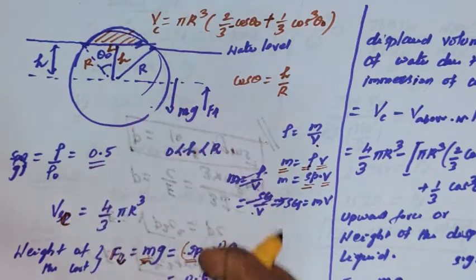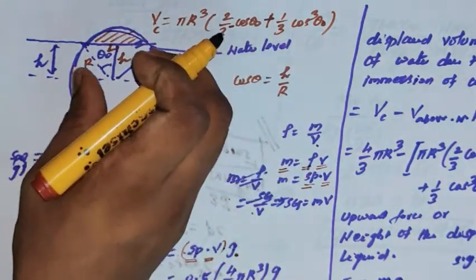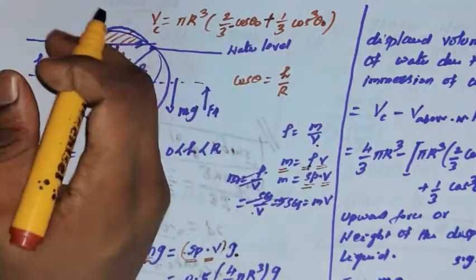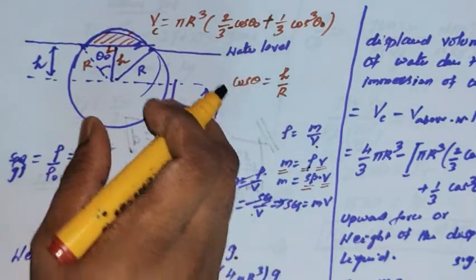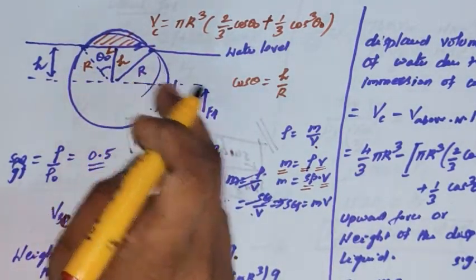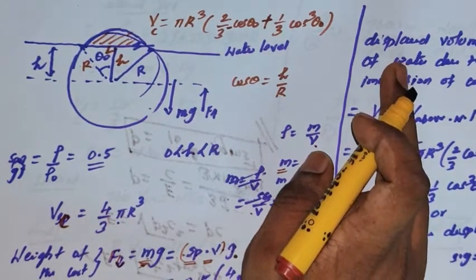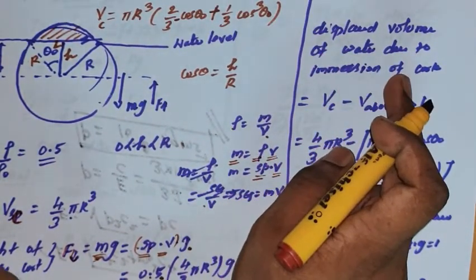This weight displaces some amount of water to the surrounding side. So we need to find the weight of the water displaced. For that we need to find the displaced volume of the water due to the immersion of the cork.